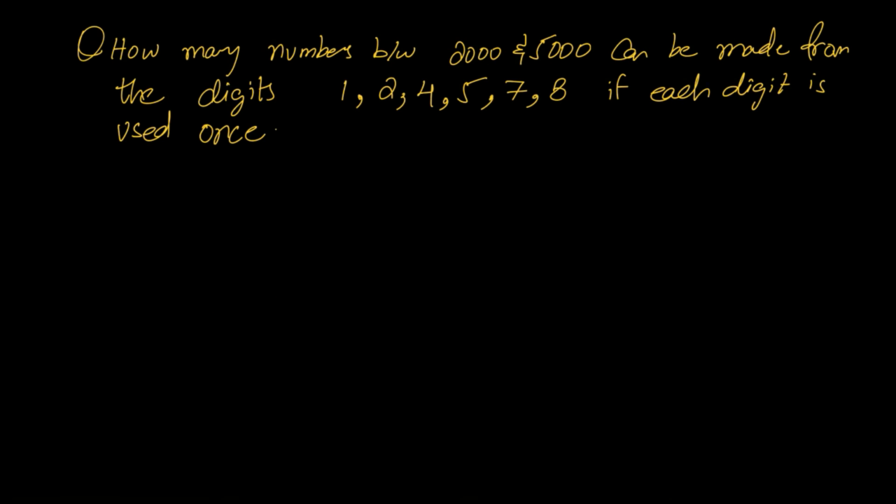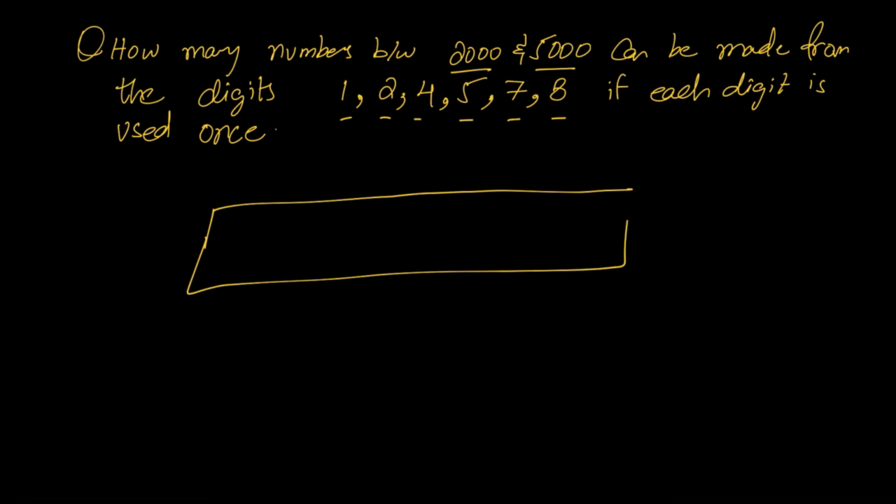Okay, now let's take a look at this question. How many numbers between 2000 and 5000 can be made from the digits 1, 2, 4, 5, 7 and 8? So for it to be between 2000 and 5000, it has to be a 4-digit number, and it can only have 2 or 4 as the first digit. So any of the 2.